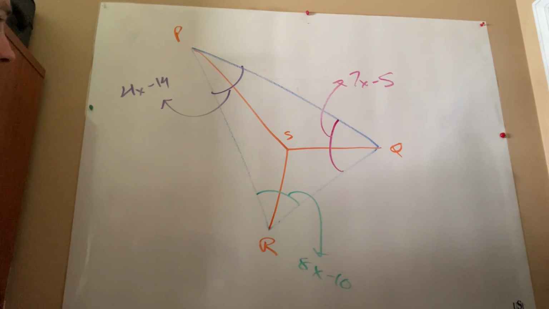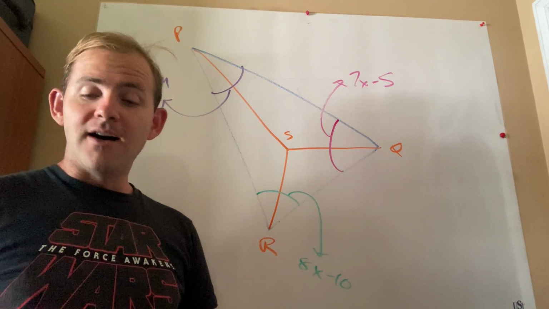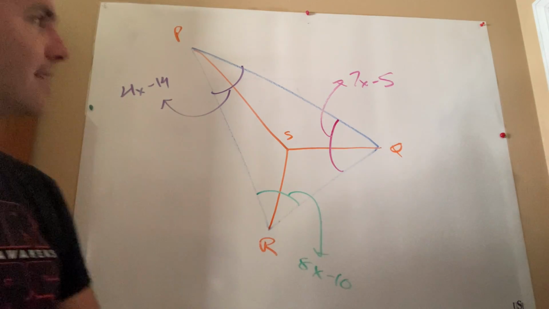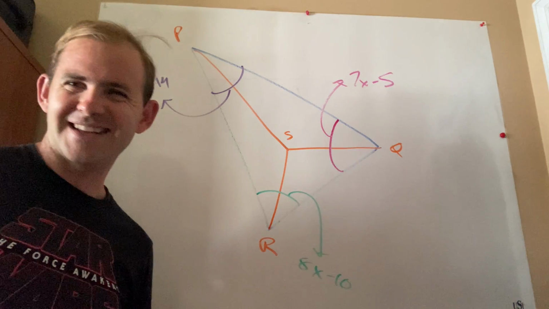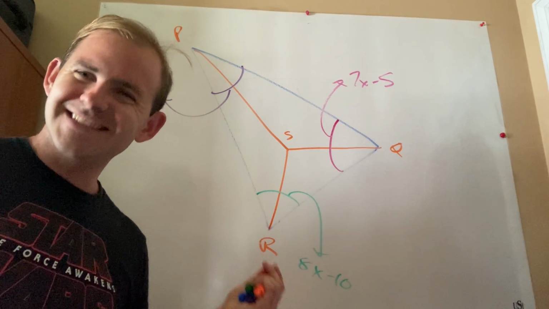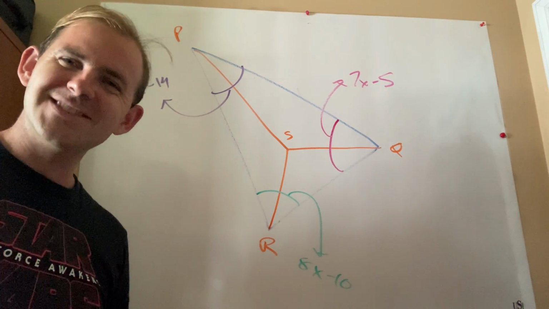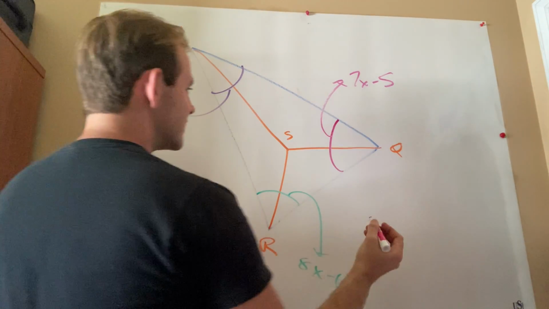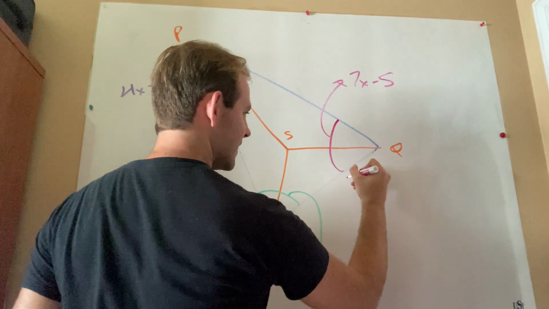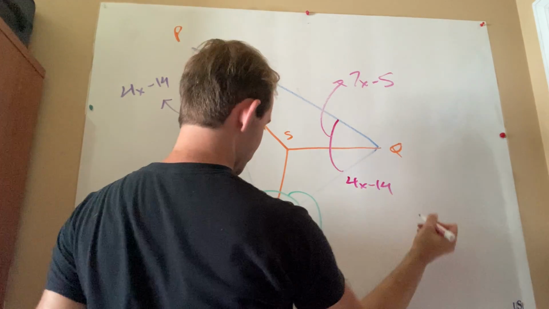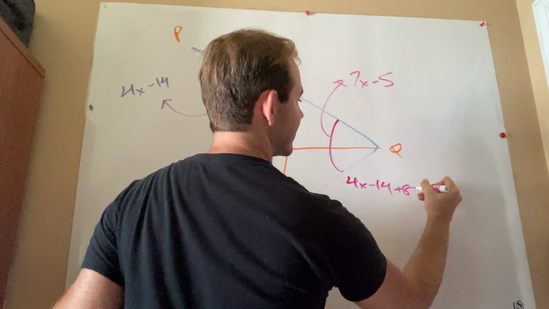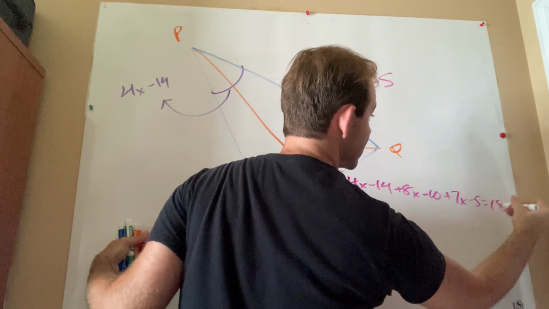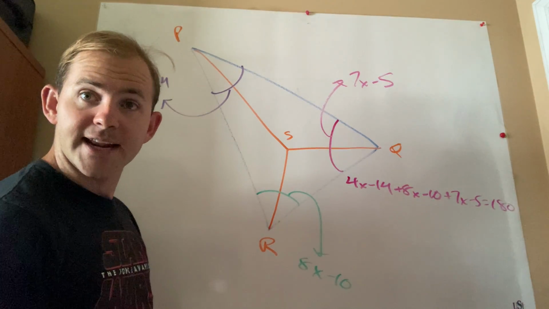So in order to first find what x is, all I have to do is set up an equation, combine like terms, and set it equal to 180. So what's my equation going to be? 4x minus 14 plus 8x minus 10 plus 7x minus 5 equals 180.